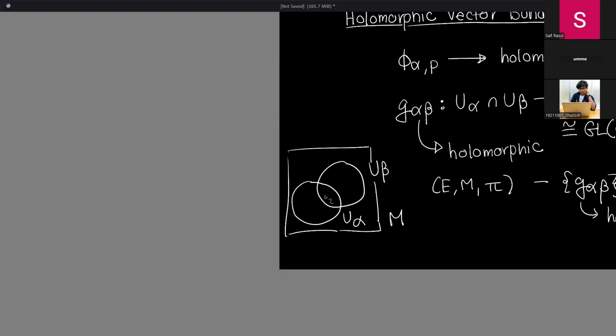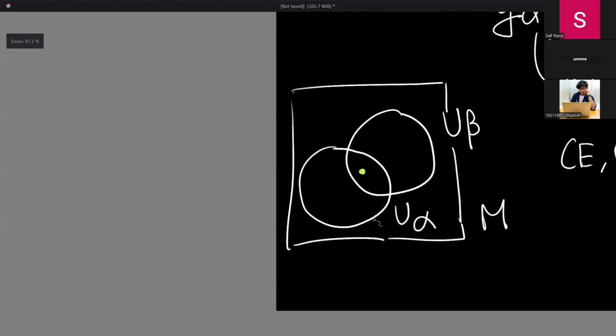Let's say I have a fiber over here. We could describe this fiber in U alpha's coordinate system, and we can describe this fiber in U beta's coordinate system. And G alpha beta is the transition function that transitions the fiber from U alpha's coordinate system to U beta's coordinate system. That's actually what's happening.